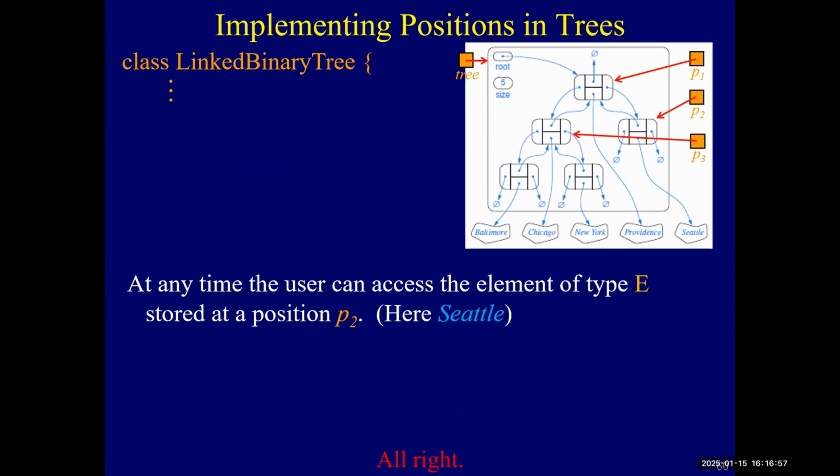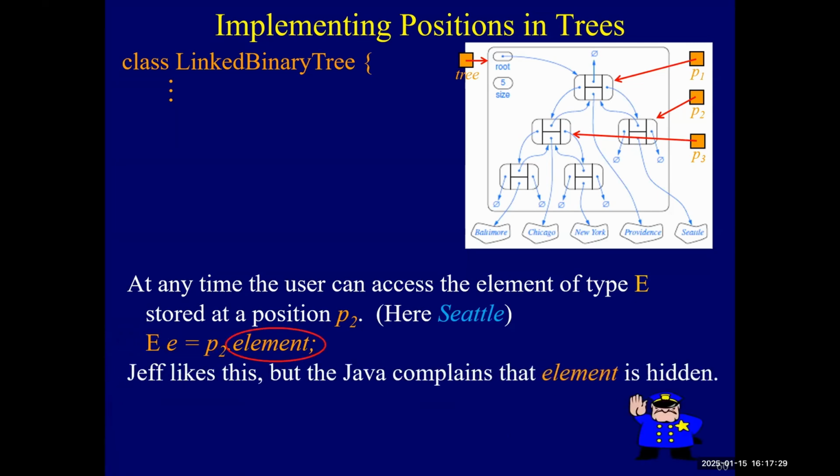All right. And then, in case you want to find out where Seattle is, P2 is pointing at this guy. So can we have this code here, P2 dot element, and get Seattle out of it? No, you can't. It's that typing stuff again, right?